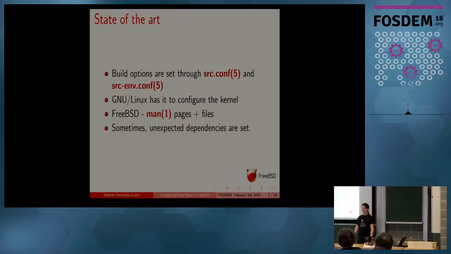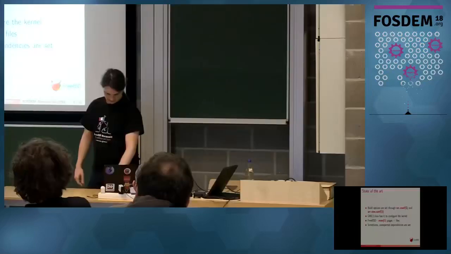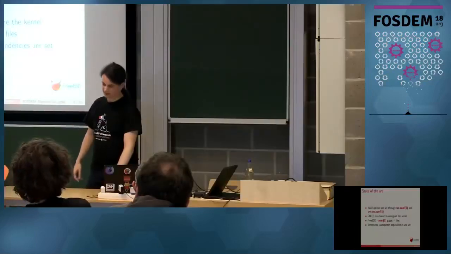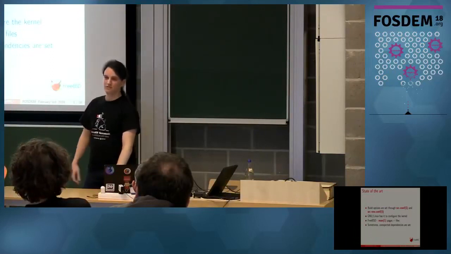That happens a lot, and you realize that you have something wrong when it's too late, when you have built everything. And building the world, yeah, 1 hour, 2 hours, depends. Well, Linux has this kind of option to configure the kernel. So why not?